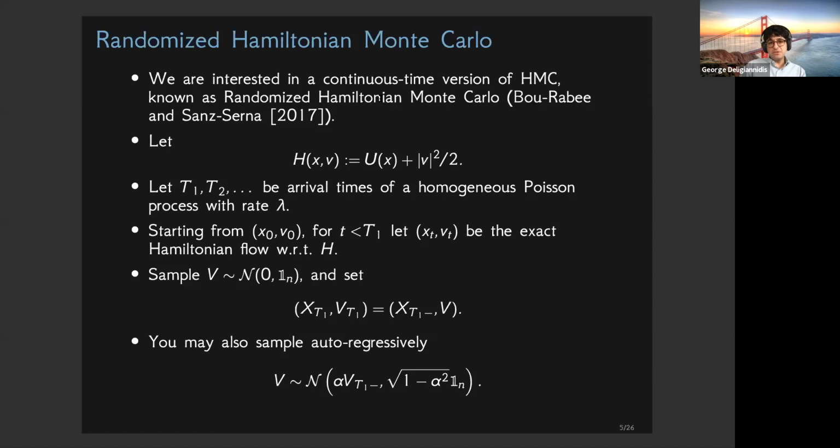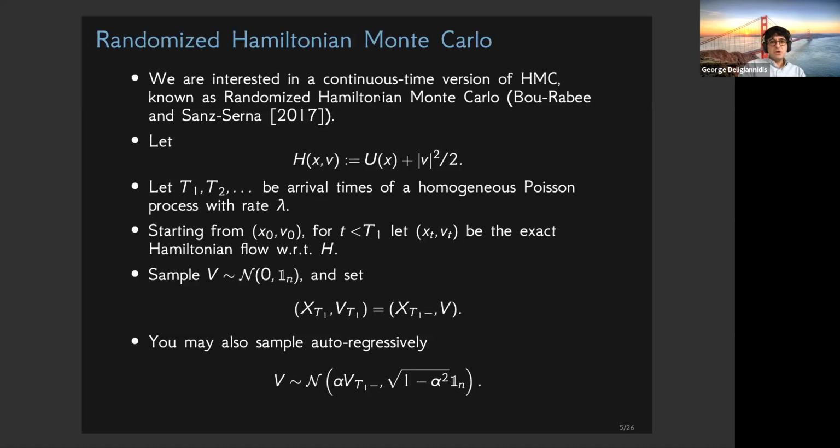It seems it should be better to do independent refreshments, but we choose to deal with the autoregressive case because of technical reasons. If you take the independent refreshments, then it's not Feller. The process is not Feller in the C0 sense, because you can always jump back to the origin from infinity. Whereas if you take alpha strictly more than 0, which means you have an autoregressive component, then the process does become Feller.